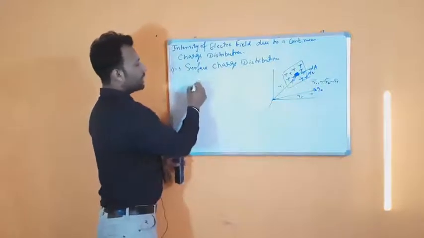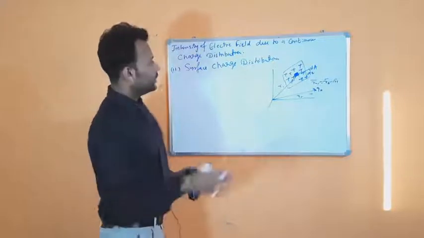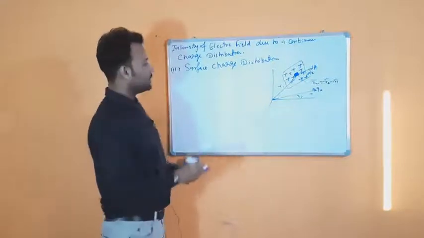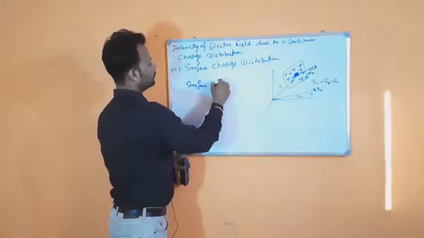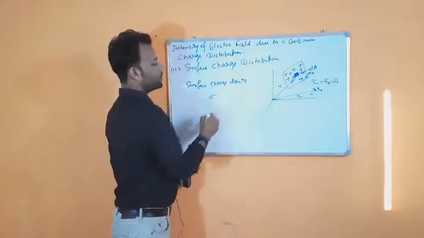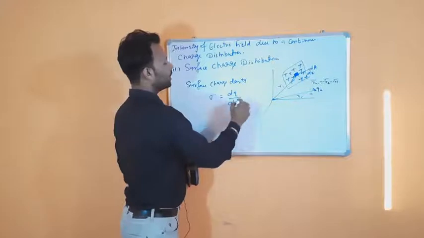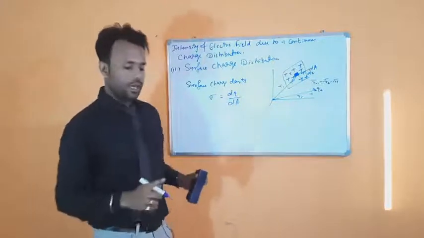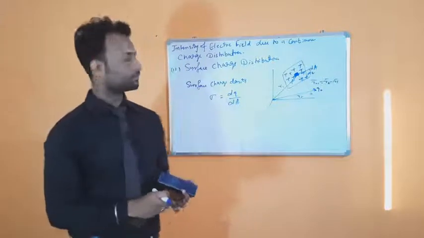Like in the linear case we have linear charge density, charge per unit length, in this case we have surface charge density, represented by sigma. That will be dq upon dA. So in the previous case we had charge per unit length; in this case we have charge per unit area.